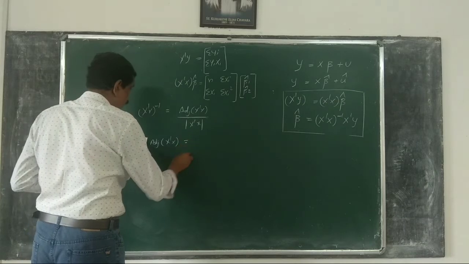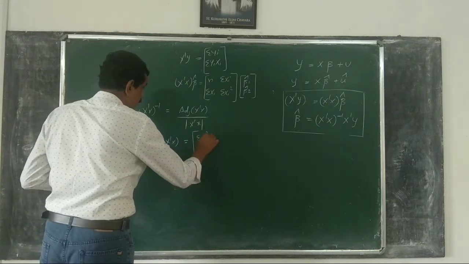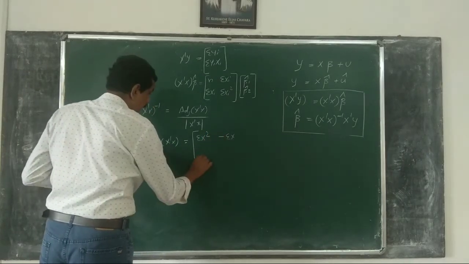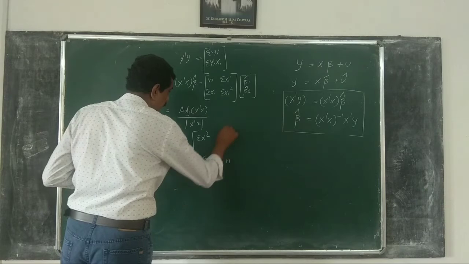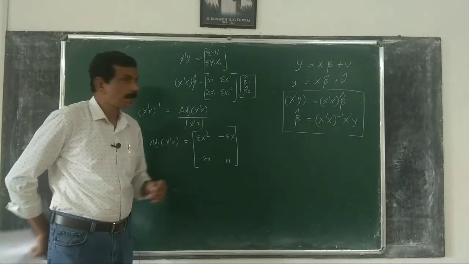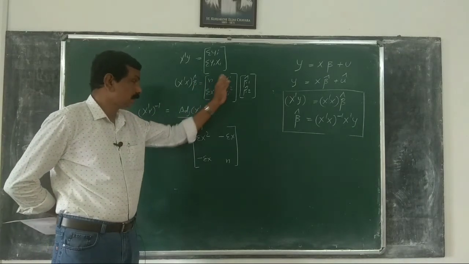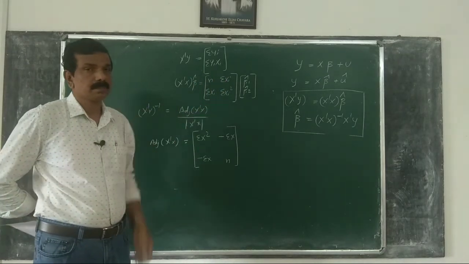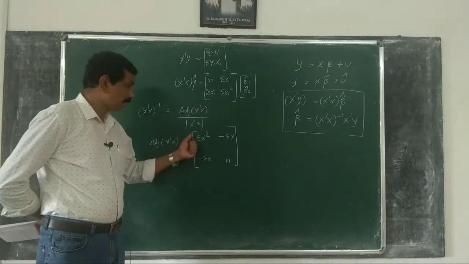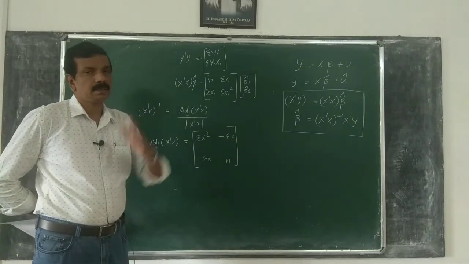This is equal to sigma x square, minus sigma x, minus sigma x, and n. And you know the procedure for deriving the adjoint. Each element of the x transpose x matrix is replaced by its minor. Signed minor is the cofactor. Transpose of the cofactor matrix is the adjoint matrix.